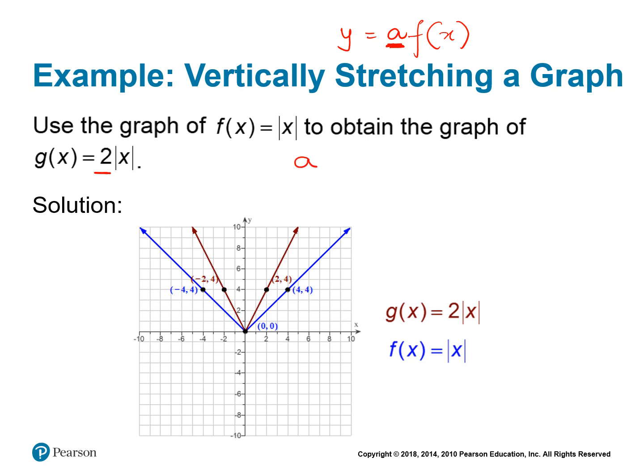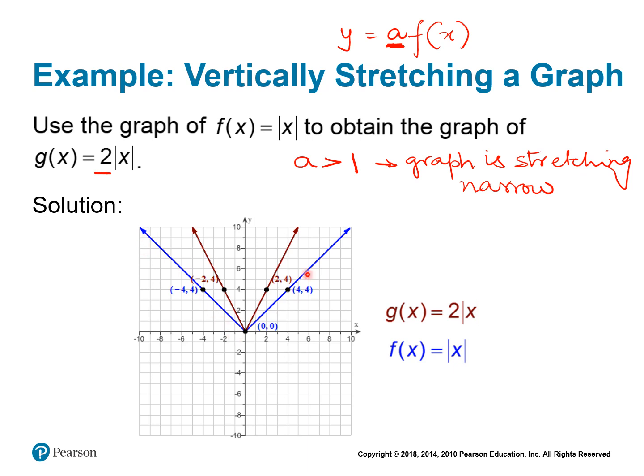So just recall what we studied in the slide before. If a is greater than 1, then the graph gets stretched vertically. By stretching, we mean that it becomes a narrow graph. So let's see what they've done.